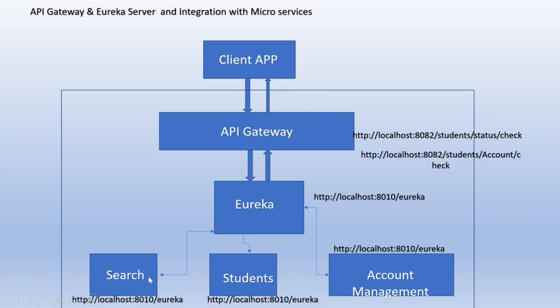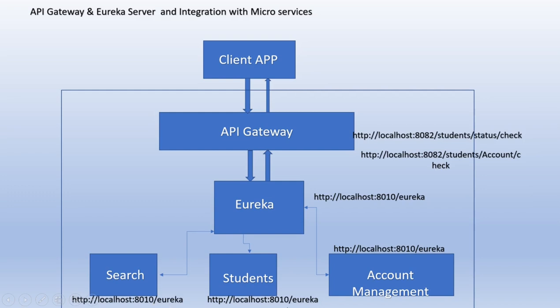Here, if you see this, http localhost 8010 eureka, this is the Eureka server URL, and this server URL will be defined in the search microservice, student microservice, and account management service. The URL is the same, 8010 slash eureka, and for account management also 8010 eureka.